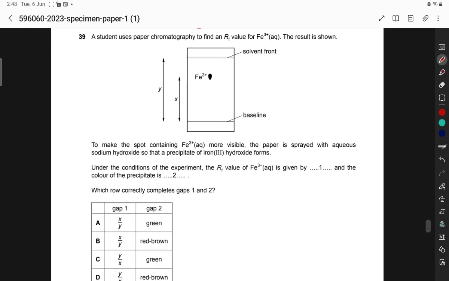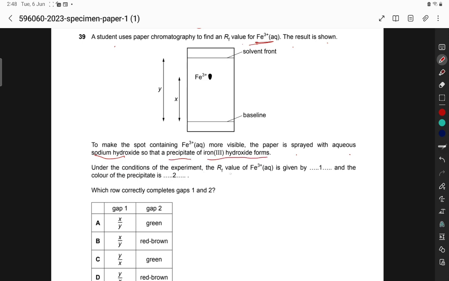Question number 39. A student uses paper chromatography to find the RF value of Fe3+. The result is shown. To make the spot containing Fe3+ ion more visible, the paper is sprayed with aqueous sodium hydroxide so that a precipitate of iron(III) hydroxide forms.